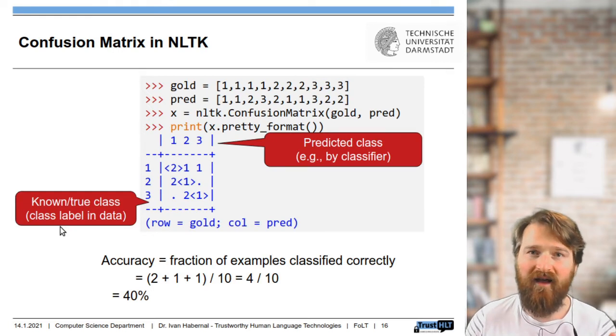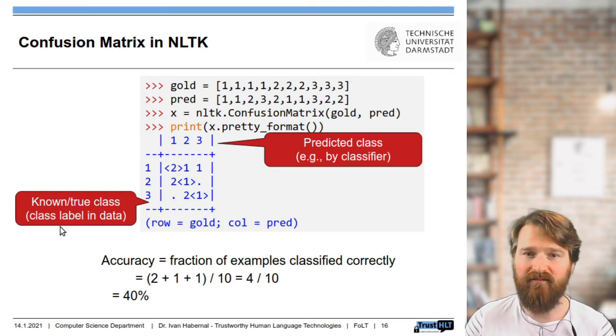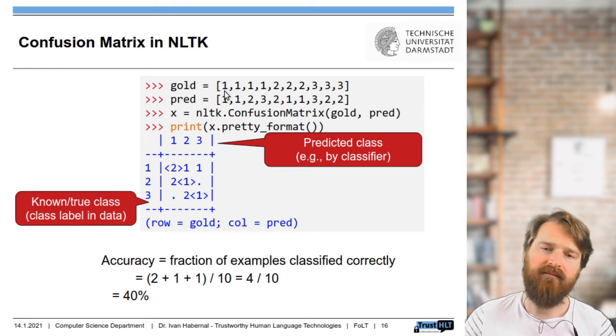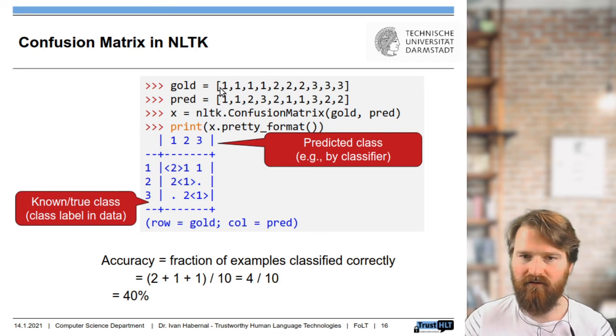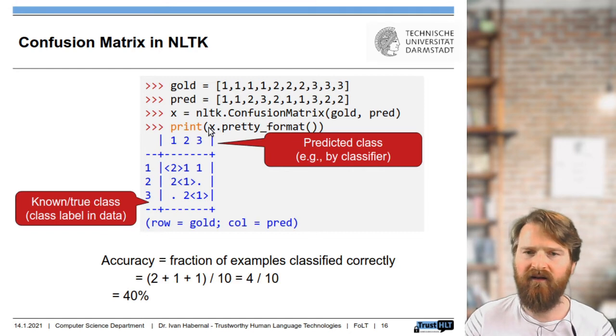In NLTK, we have confusion matrix capabilities built in already. For example, these are our gold standard data, which correspond to the classes: class 1, 2, and 3. And the system predicted this list of predicted classes. We create a new instance of the confusion matrix and print the matrix.